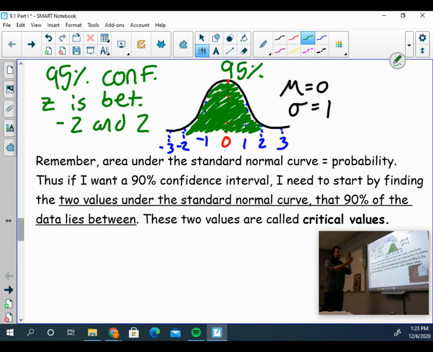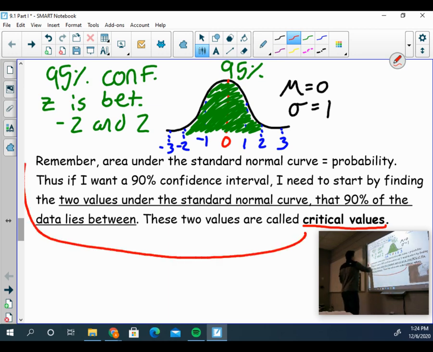But you can do this for any amount of area or whatever level of confidence you want. The values that such an amount of data is going to be between are called the critical values. So in the example I gave above, -2 and 2 would be the critical values.